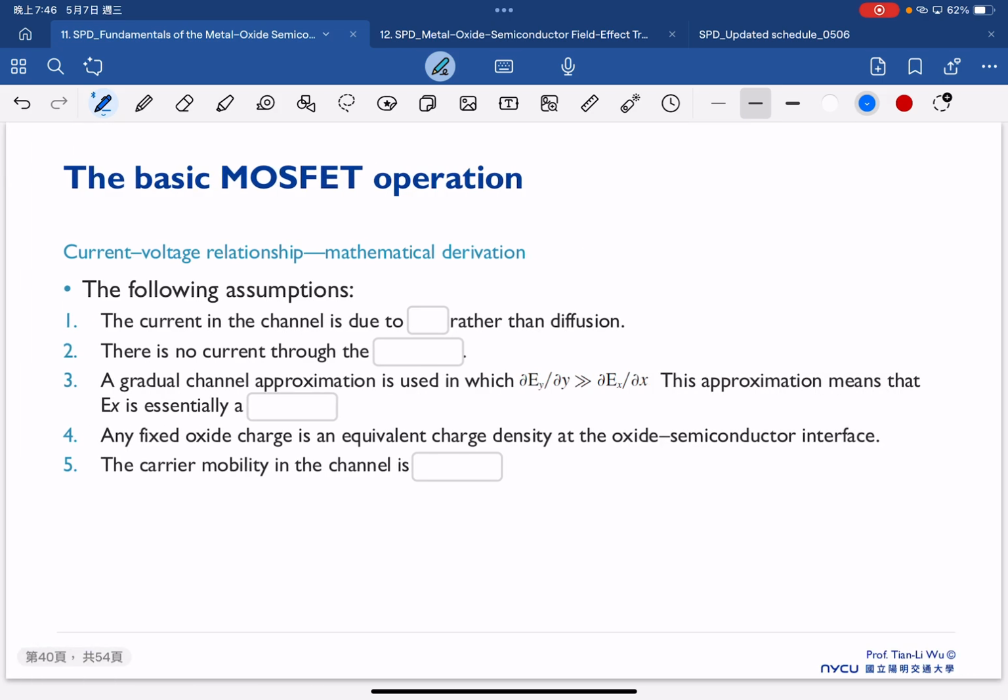With this equation, we have some of the following assumptions. The first one is that the current in the channel is due to drift rather than diffusion. And second, there's no current through the gate oxide.